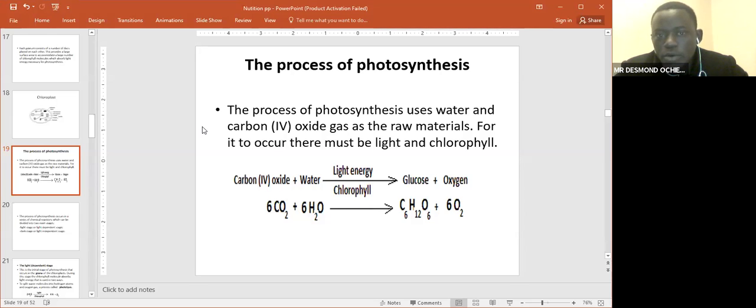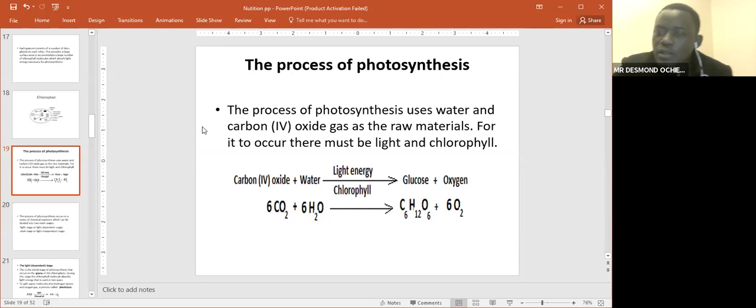The process of photosynthesis uses water and carbon dioxide gas as the raw materials. So if you are asked about the raw materials, know that the raw materials are water and carbon dioxide.